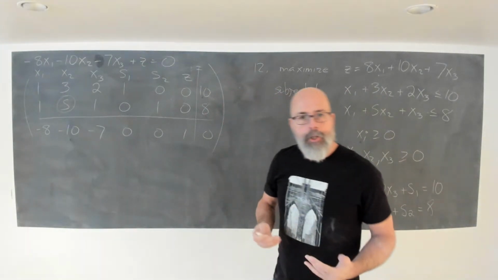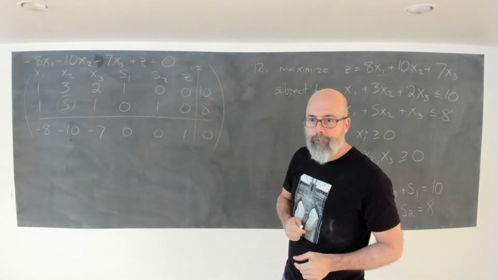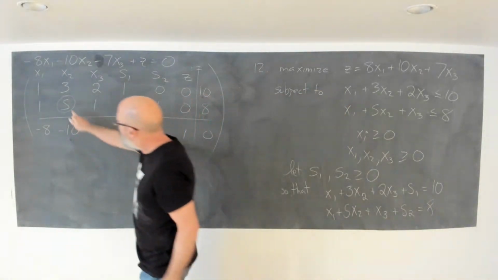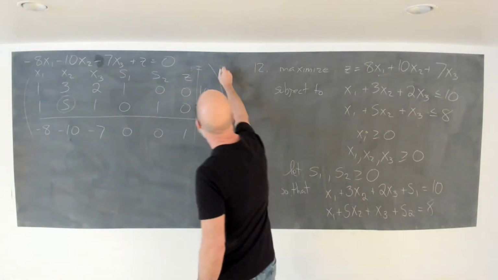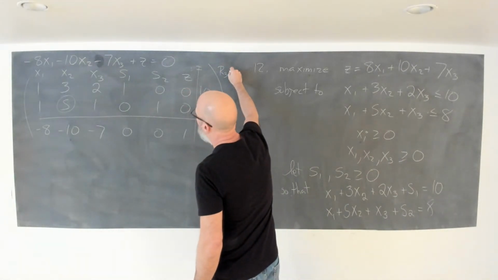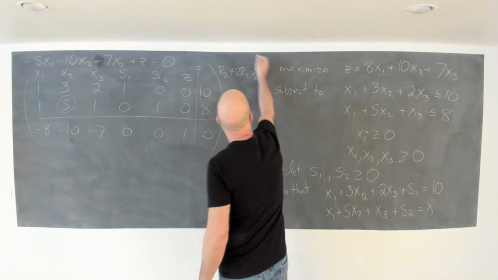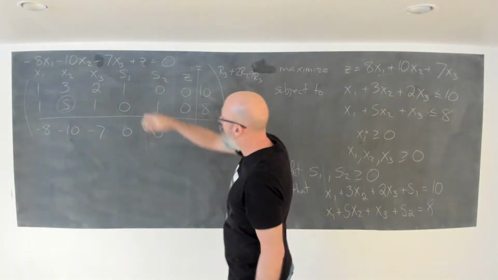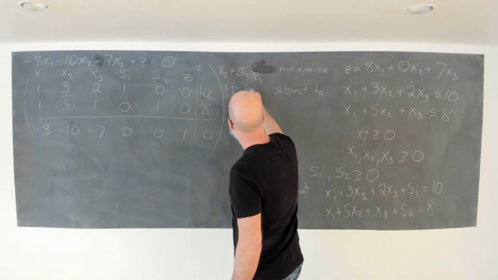Again, all operations must be made from the pivot. Let's use this 5 to get rid of that 10 while we're here. Row 3 plus 2 row 2 for row 3. And then change it to a 1: 1 over 5 row 2 for row 2.